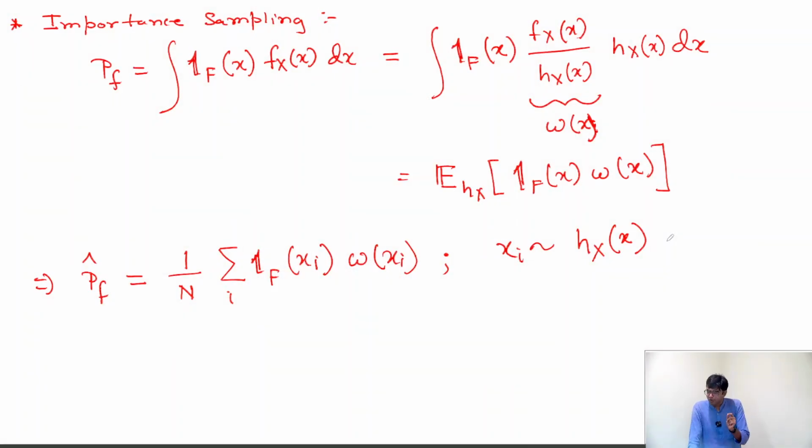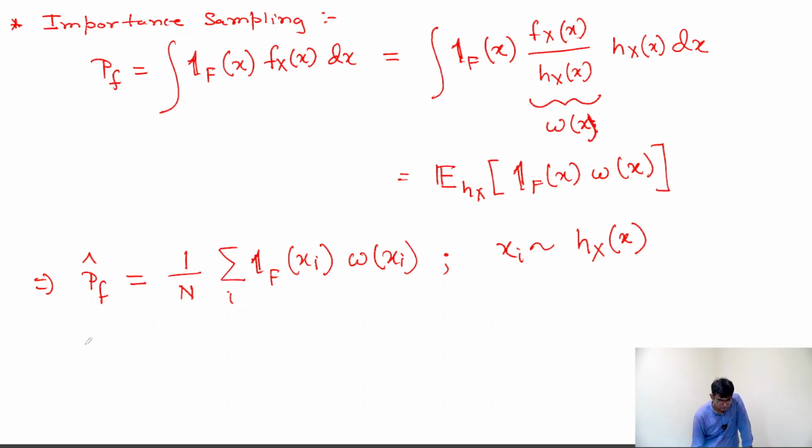Which means this hxx, which is known as the importance sampling density, needs to be selected in such a way which will reduce the variance of the estimator, right? Otherwise there is no point. If it is increasing the variance, then we should use Monte Carlo only, right?